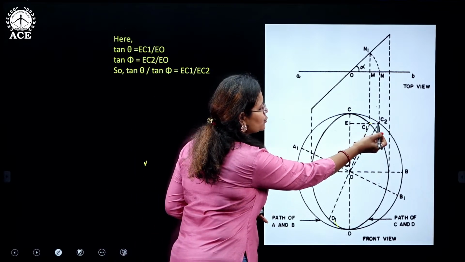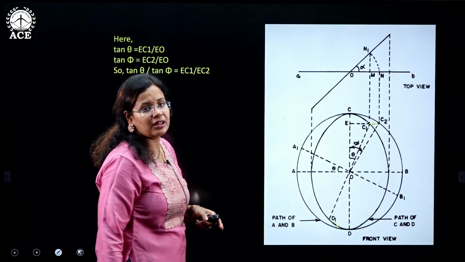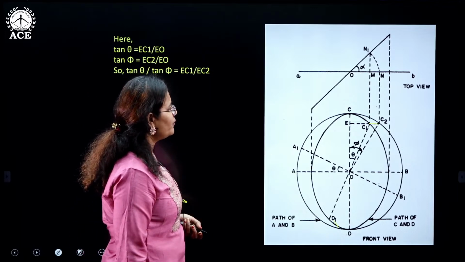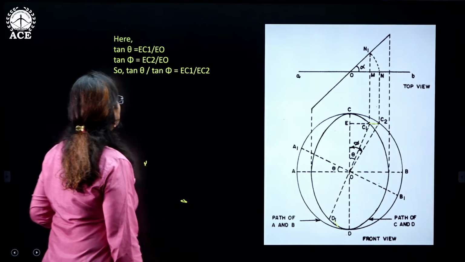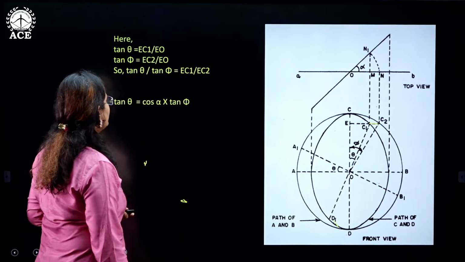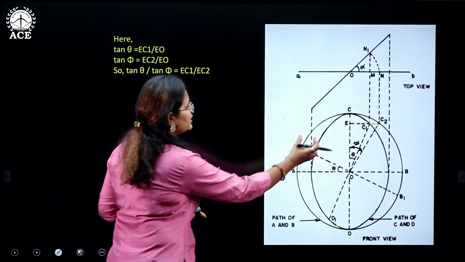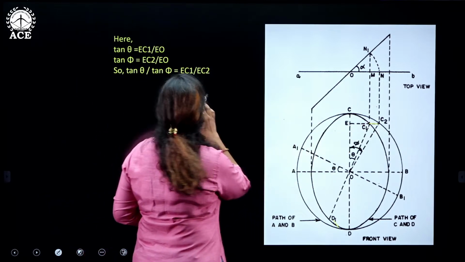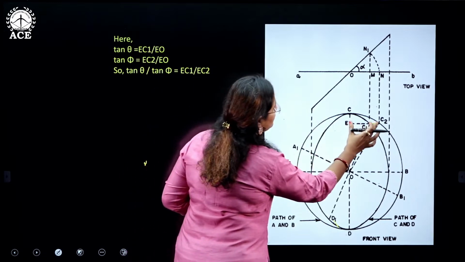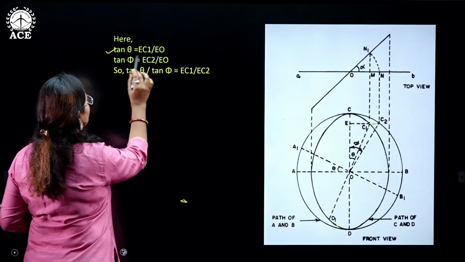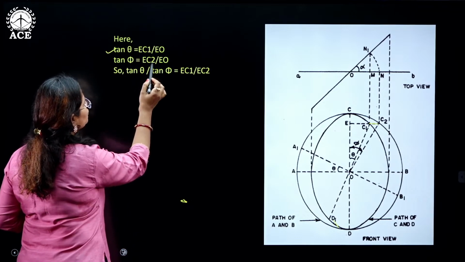So C1 to C2, if I produce, it reaches the point C2. When they are traced forward in the top view, they look like that. So tan theta by tan phi, if I take, it will give EC1 by EC2, because tan theta is taken to be EC1 by EO and tan phi is EC2 by EO.